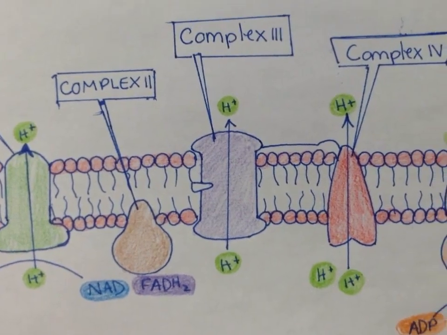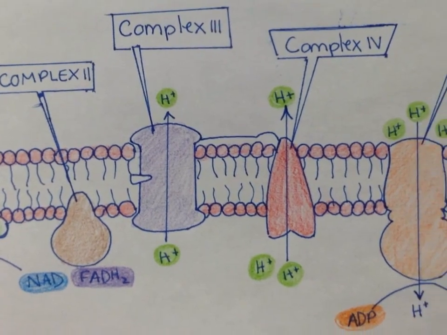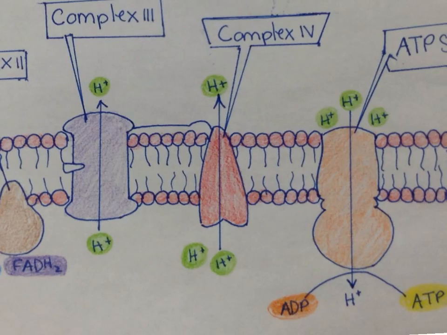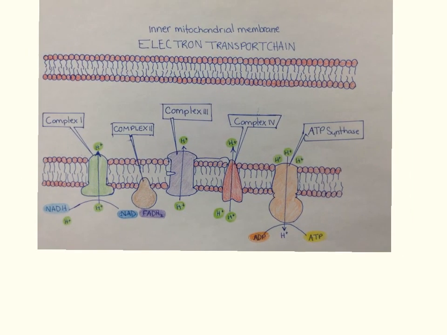And then complex 3 is cytochrome BC1. And complex 4 is cytochrome oxidase. And then you have oxygen. And then the mobile electron carriers are ubiquinone, which is just UQ, and cytochrome C, which is just Cyt C, if you want to do a little short form.